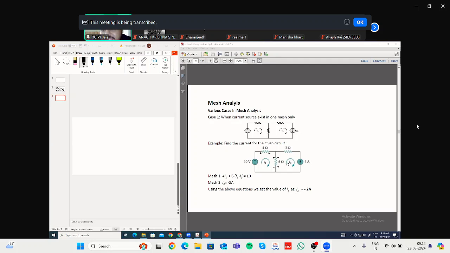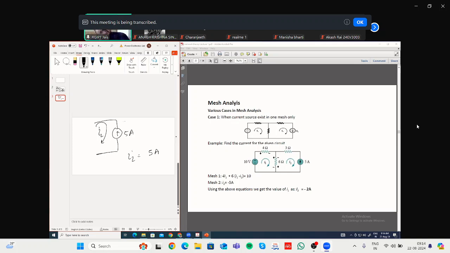If that is the case, then you have already considered some value I2 in a clockwise direction, but this I2 is in the opposite direction. The I2 that you have considered is flowing from top to bottom, but the source given is 5 ampere flowing from downward to upward. So definitely I2 will be equal to 5 ampere, because this is the independent current source, which will always ensure that 5 ampere current flows through at least this branch, and the current through this branch you have already considered as I2.